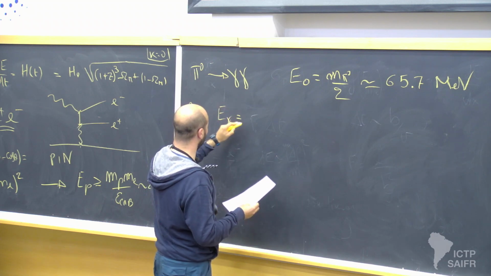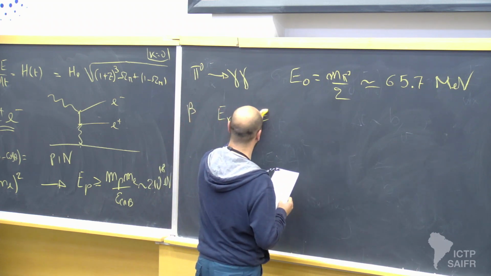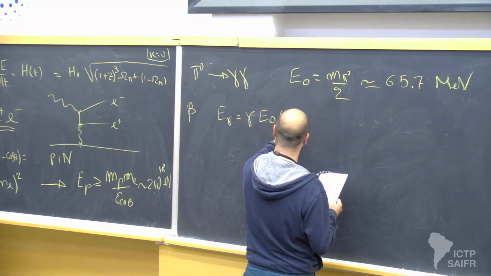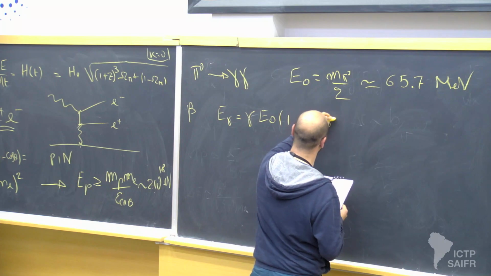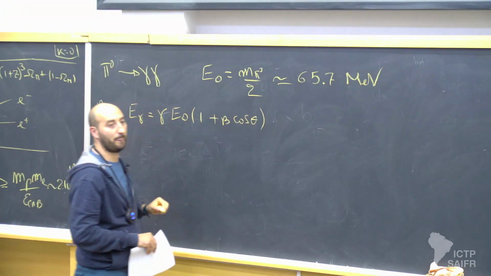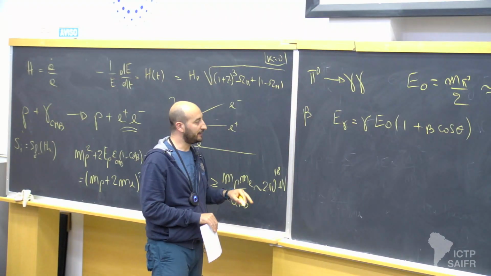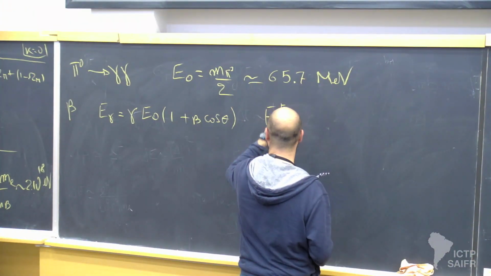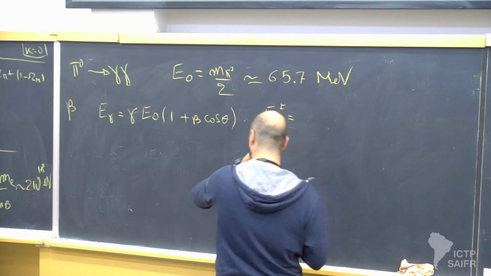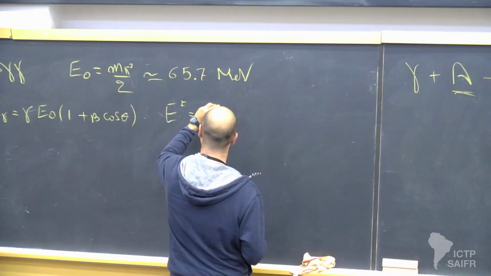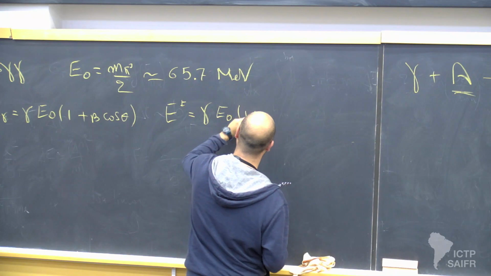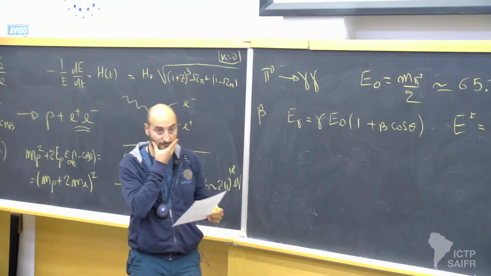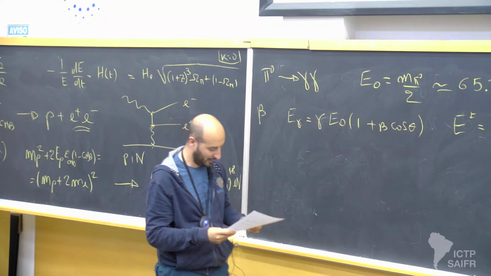The energy of the photon will be gamma times this E0 times 1 plus beta cosine theta, which means that there will be a maximum and minimum energy of the photon, E plus minus, which is nothing but gamma E0, 1 plus or minus beta. So far, so good, quite simple.